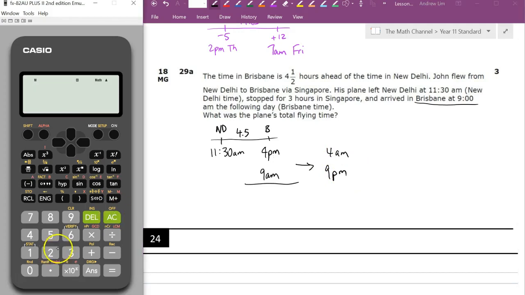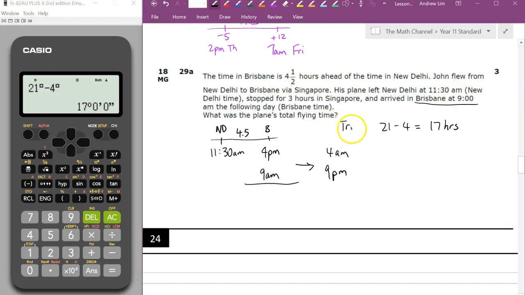So now I can just do 21, because 9 p.m. is 2100 hours, and 21 minus 4 is 17 hours for the entire trip.